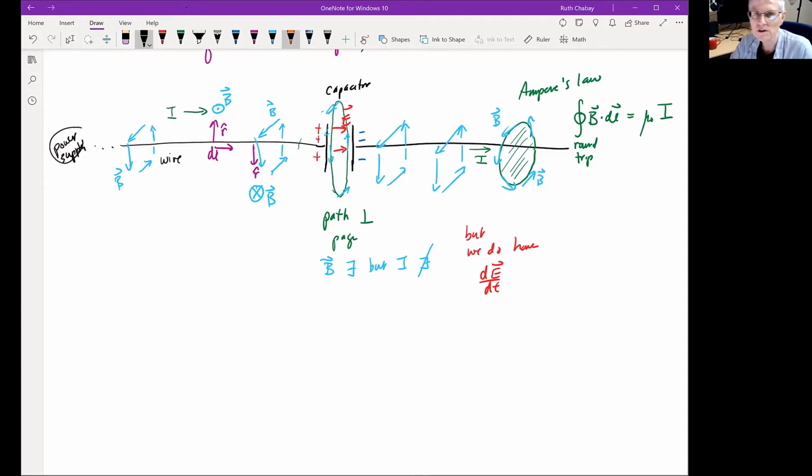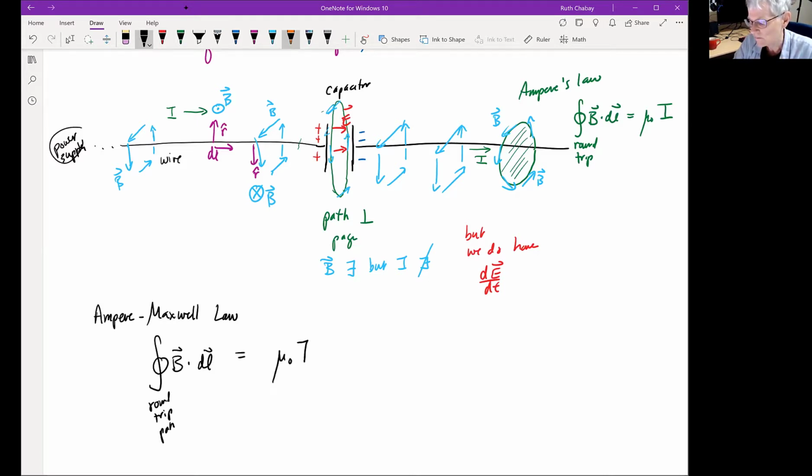And it was Maxwell, James Clerk Maxwell, who first realized this. So this is called the Ampere-Maxwell law. It just takes Ampere's law, the integral of B dot dl around a closed round trip, and says it is equal to mu 0 times the current inside plus a proportionality constant times our old friend, the electric flux.